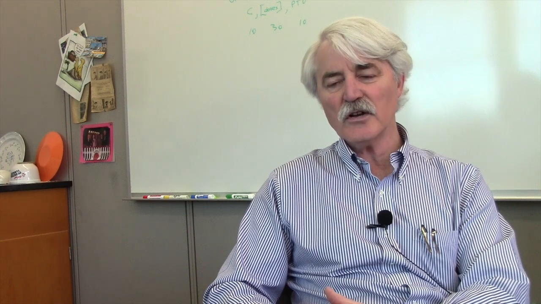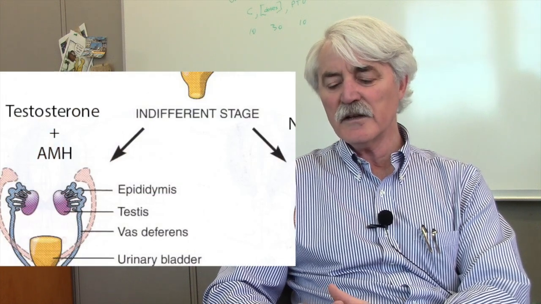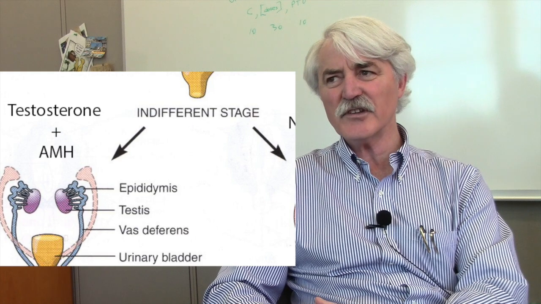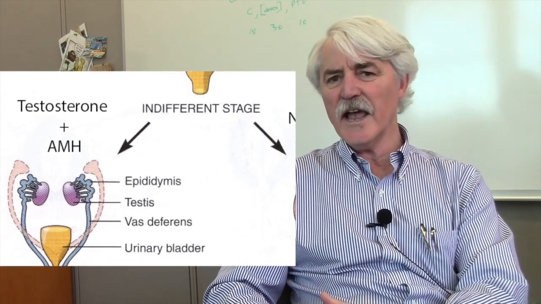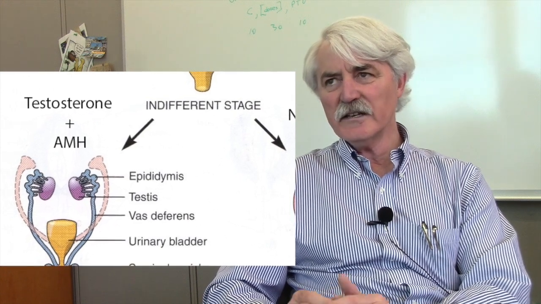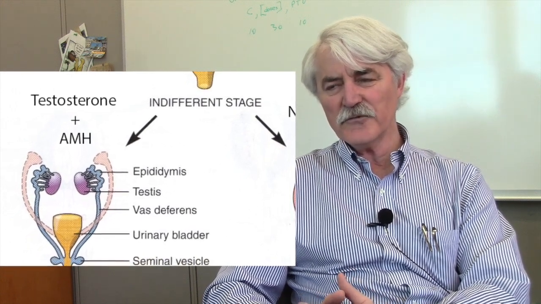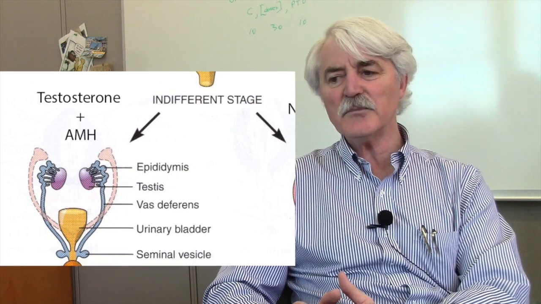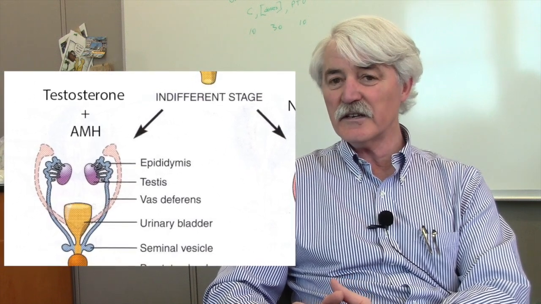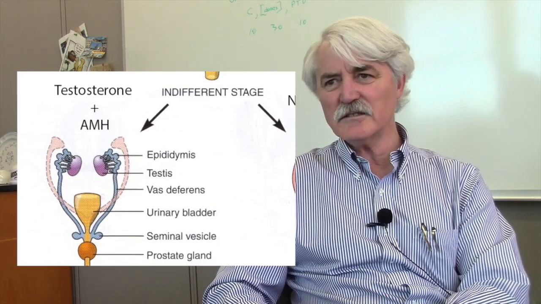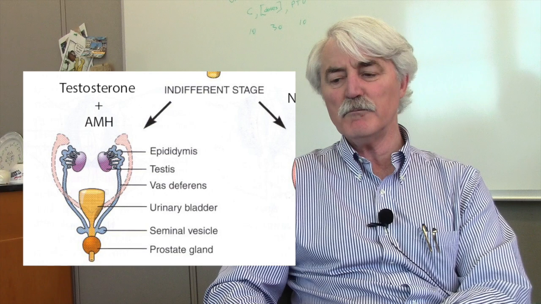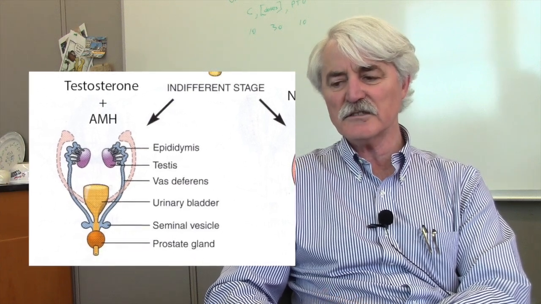Once the testis forms, two hormones are produced that are important to cause male sexual development. The first is testosterone. The second is the anti-Mullerian hormone, or AMH. When testosterone is produced, the first thing it does is begin to stimulate the growth of the Wolffian duct system that produces the vas deferens and different components of the male reproductive tubular system.